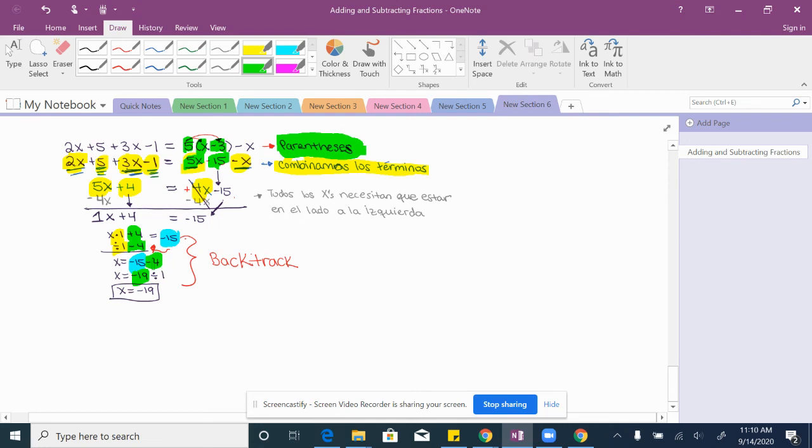And then we divide by 1. And that gives us negative 19.